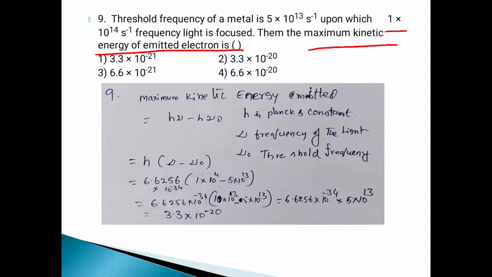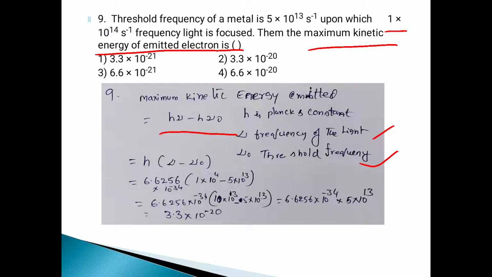So to get out of this metal, you should have somewhat more energy than the threshold frequency. From the concept of the photoelectric effect itself, maximum kinetic energy emitted is equal to h nu minus h nu naught, where h nu is the energy of the incident light, and h nu naught is the threshold energy which is needed to bring the inner electron to the surface.